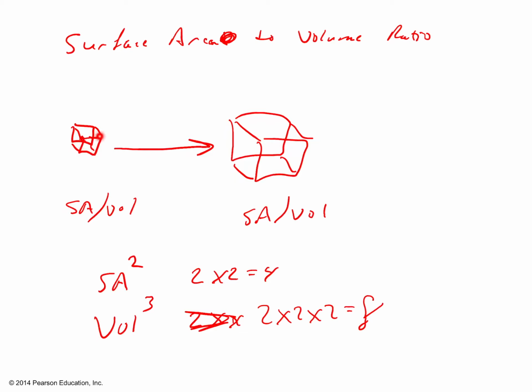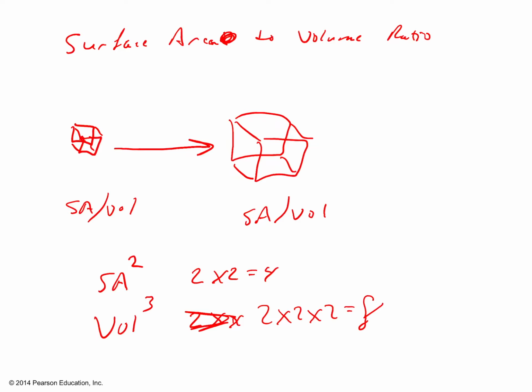So here you have a factory with a really large doorway for things to come in, large enough to get all that stuff in to power what's going on in that volume. Here you have a large factory with a small doorway. You can't get enough stuff in fast enough to supply all the operations going on inside. And so that large cell may not survive. This is why cells are by and large microscopic.